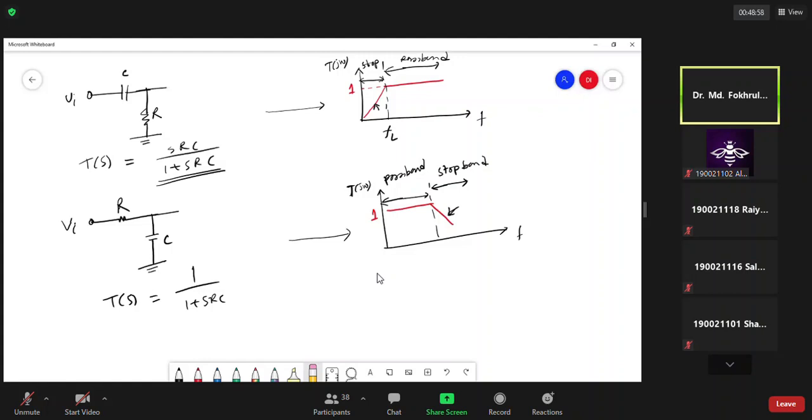If we simply put a voltage follower or voltage buffer before V naught, then it will perform like an active filter, without any loading effect.